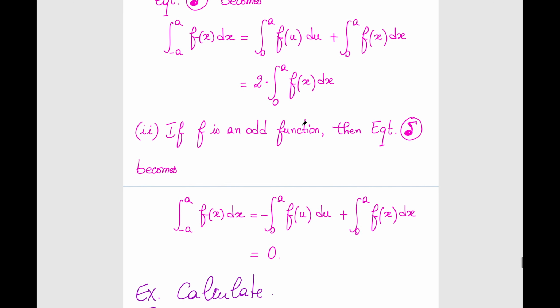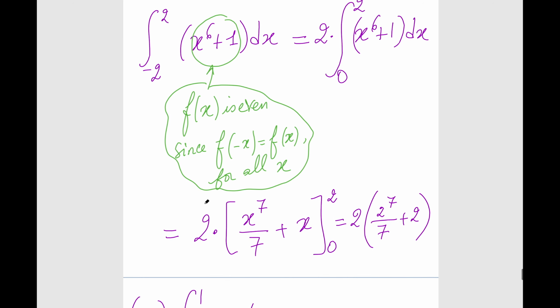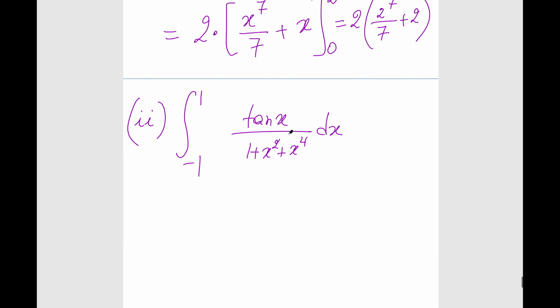In the first case, it was immediate. I didn't even have to talk about it because this is a polynomial which is continuous everywhere, in particular between minus 2 and 2. Here, tangent x over 1 plus x squared plus x to the power 4, this whole thing is continuous.